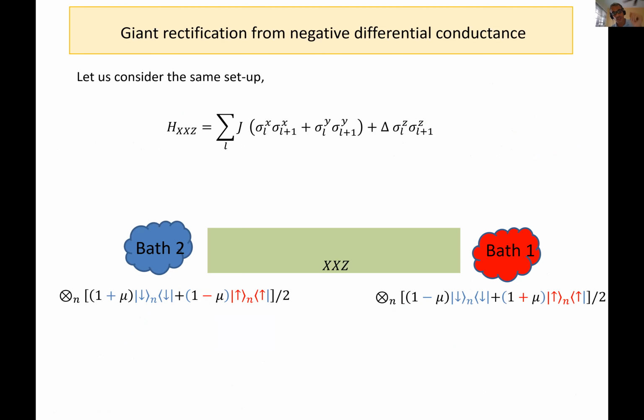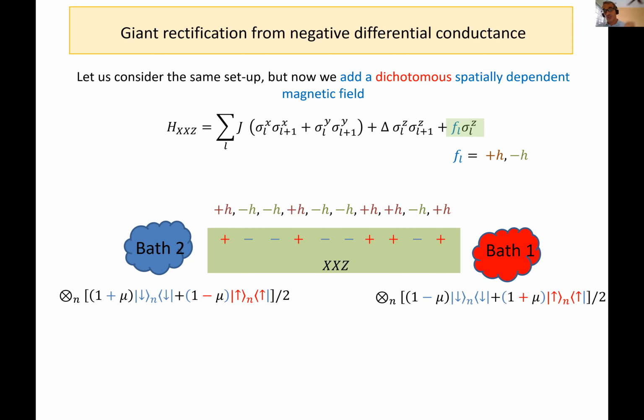What we did, we took our XXZ chain with anisotropy delta. We took these buffs that try to set up these polarizations at the edges, at strong bias. And we added local magnetic fields. So this is the term that we added.